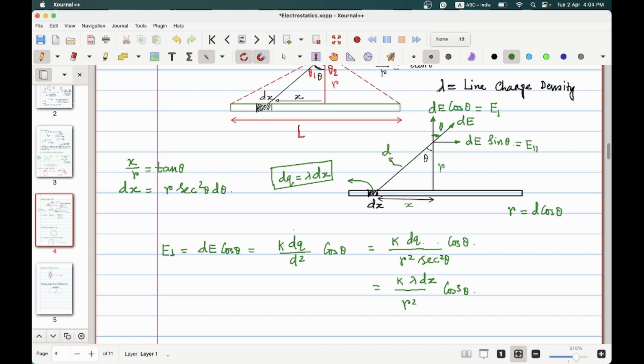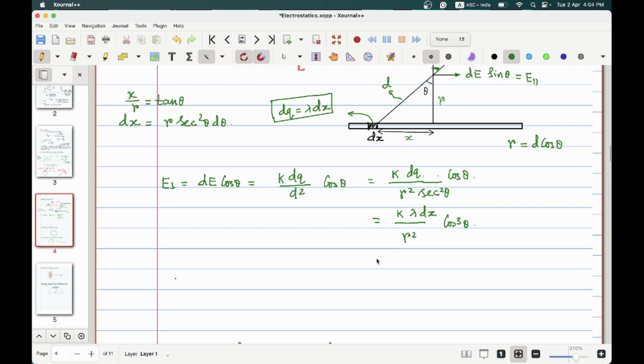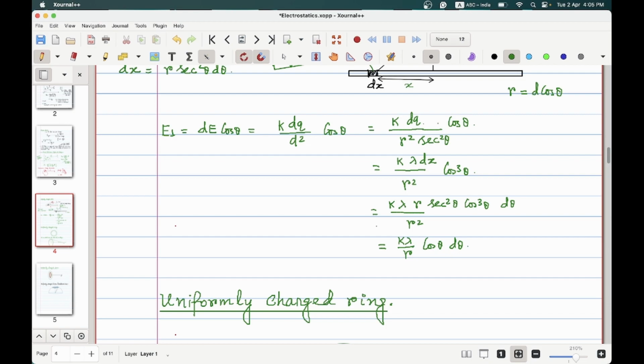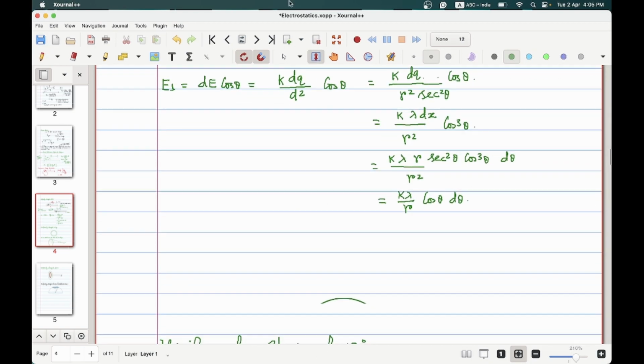So you can write k lambda dx as r sec square theta cos cube theta d theta by r square. So this is basically k lambda by r. Sec square theta and cos square theta cancel out, so one cos theta is left times d theta. So this is the dE.